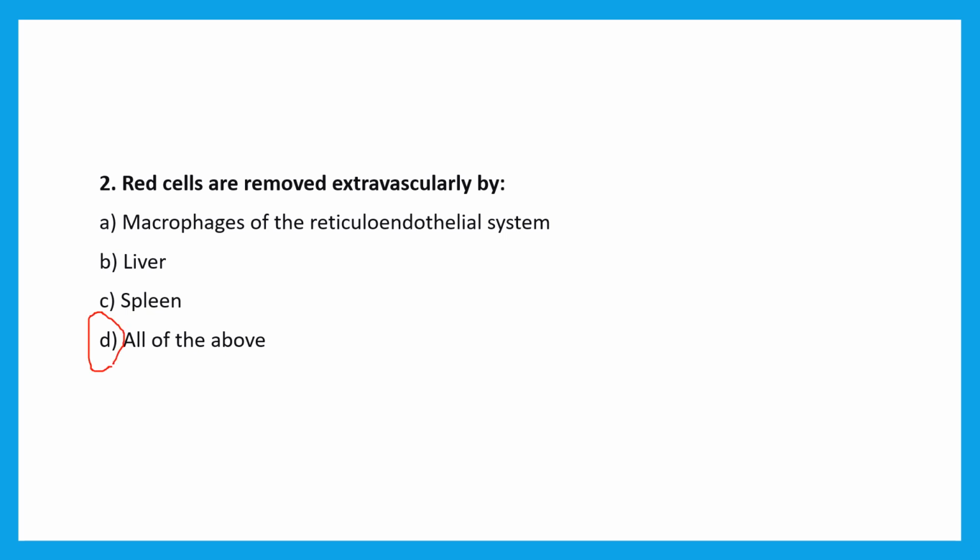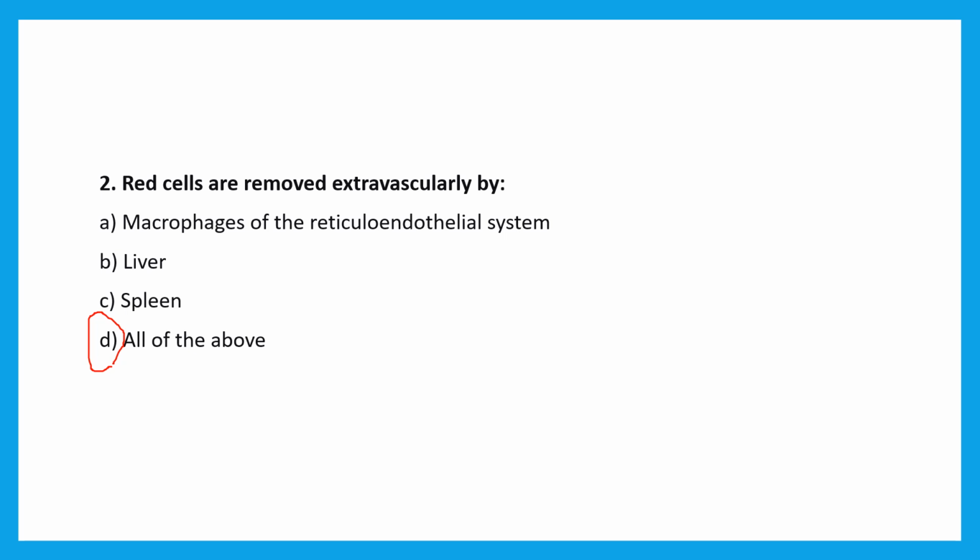Can we explain why we are saying that red cells are removed extravascularly by all of the above? When we talk about extravascular hemolysis, it is one of the most predominant mechanisms of red blood cell destruction. Red blood cells are phagocytosed and broken down outside the blood vessels by macrophages.